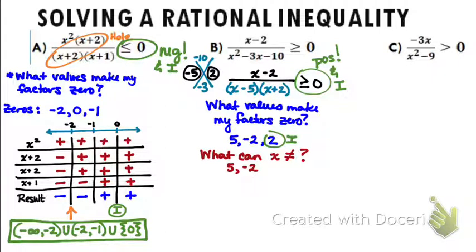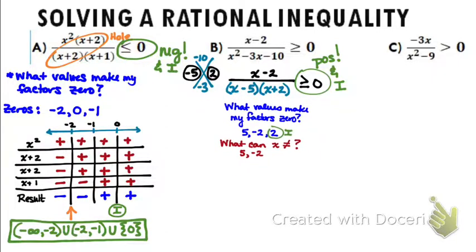All right, I'm going to make my sign chart. My number line first. So I have -2, +2, and 5. Remember, I want this to go in numerical order from smallest to largest. This is a number line here. And then I'm going to put my factors.